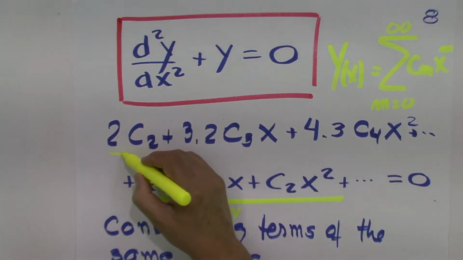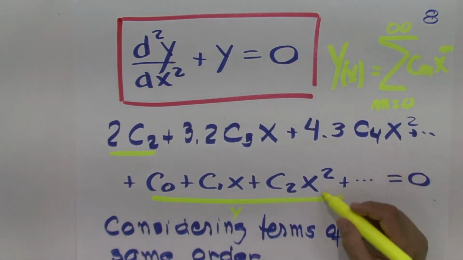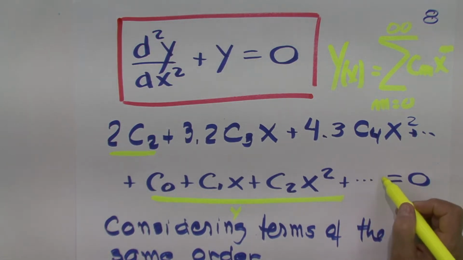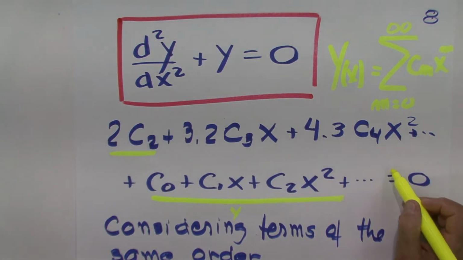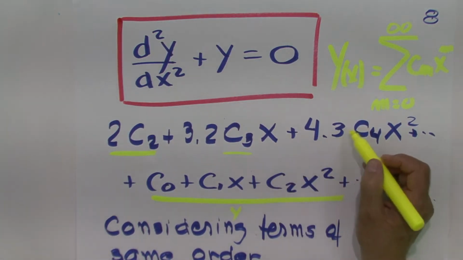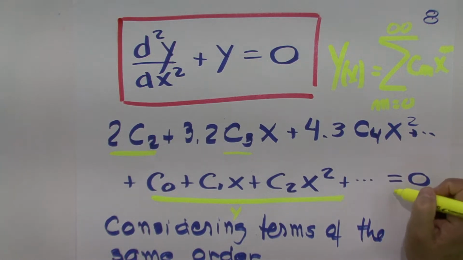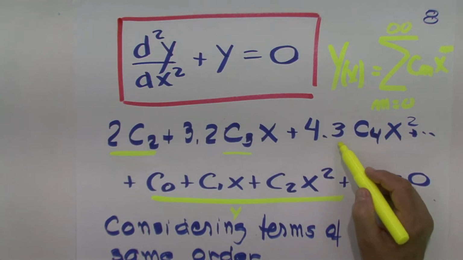So that's the first term of the second derivative. The other term of the derivative will be the terms x cubic. And that will be 3 times 2 times c3 times x. And the other term that originates from the x to the fourth will give 4 times 3.